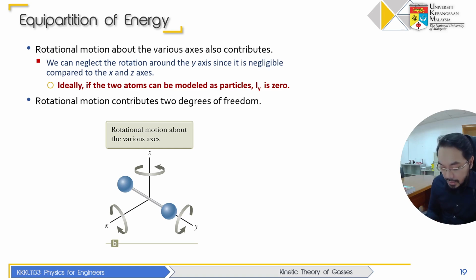What do we mean by that? In a rotational movement, like translational movement, you can have X, Y, and Z. It depends on how your molecule is spinning, right?